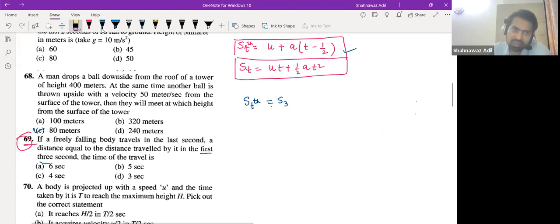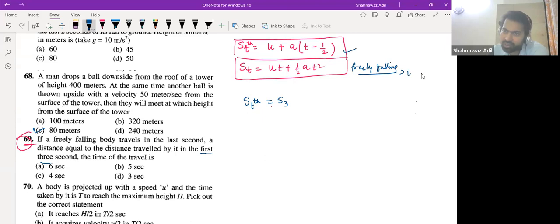So these are the two equations that are equal. We know that the object is freely falling, so what is this u? Sir, for free fall, u will be 0.